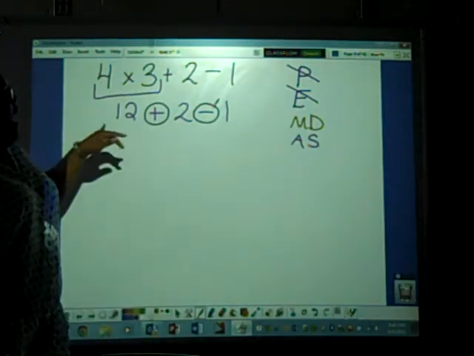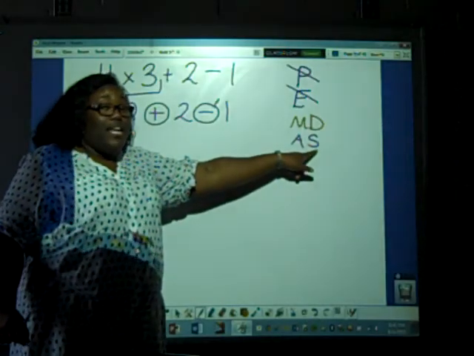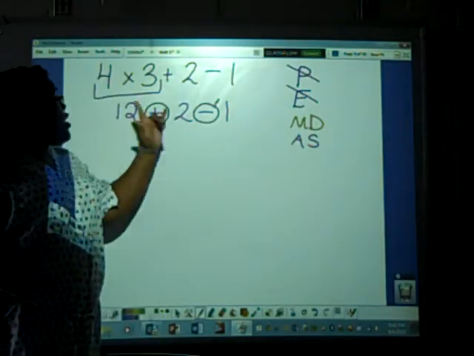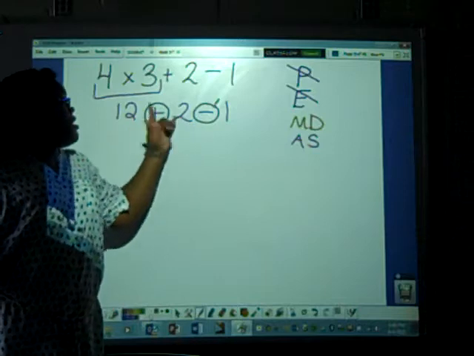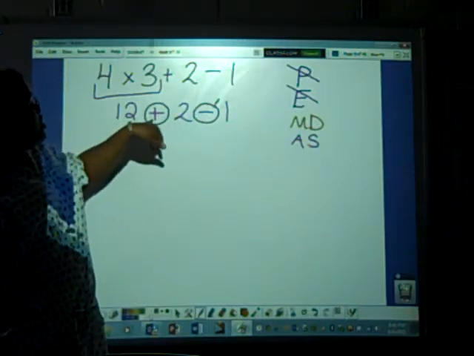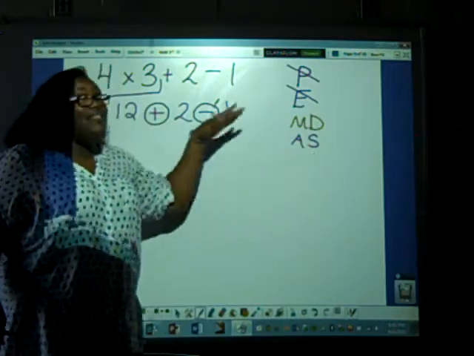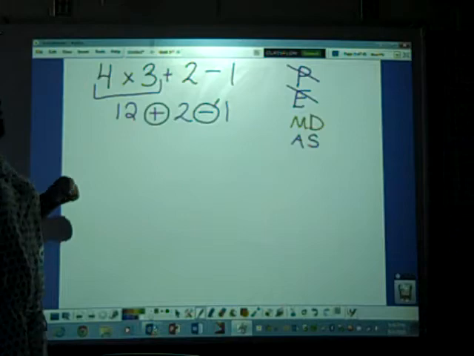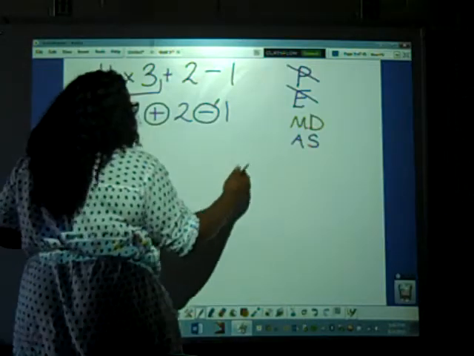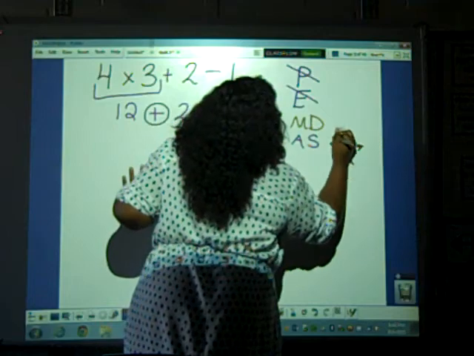Now, because I have addition and subtraction, it doesn't matter what order these symbols are in. If I just have addition and subtraction only left in my expression, I have to solve from left to right.